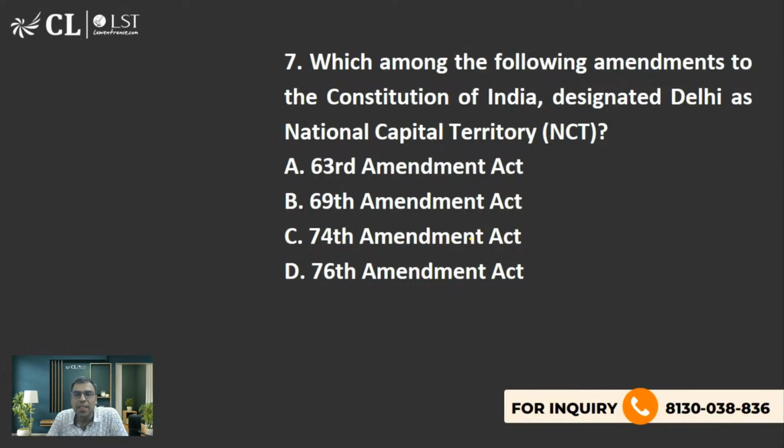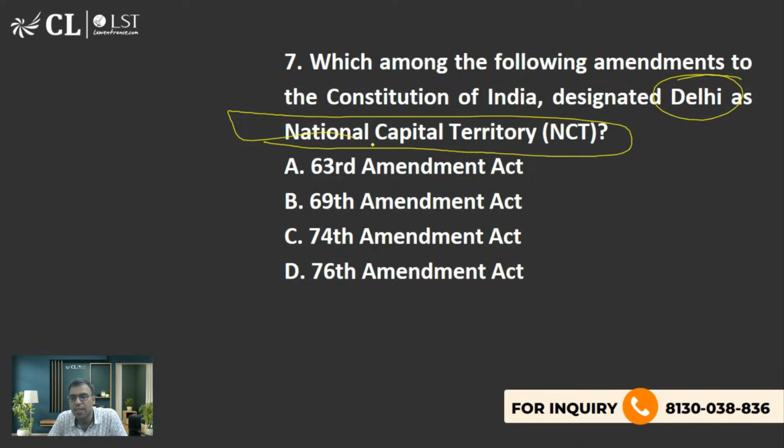Which among the following amendments designated Delhi as National Capital Territory? 63rd Amendment, 69th Amendment, 74th Amendment, 76th Amendment. What is the right answer? The right answer is yes, 69th Amendment, and it inserted a very famous article which is the backbone for governance in Delhi.